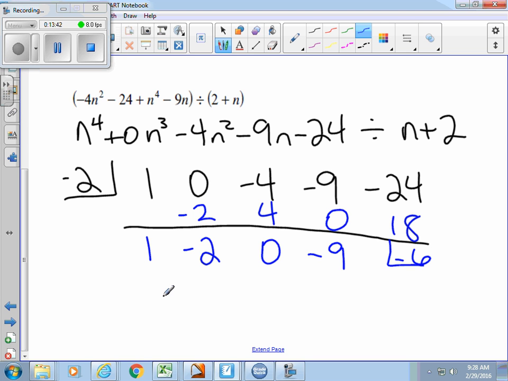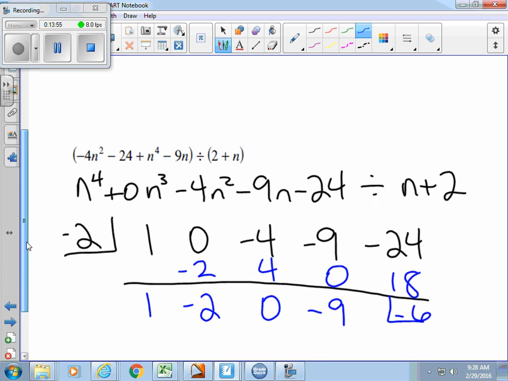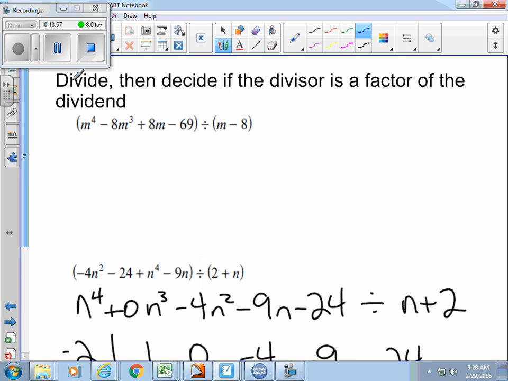Do I need to do any rewriting or anything to answer this particular question? What was the question? Always keep that in mind. Let's go back up and look. So, is the divisor a factor of the dividend?